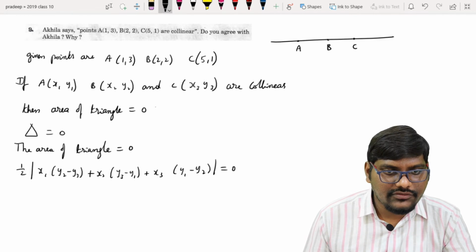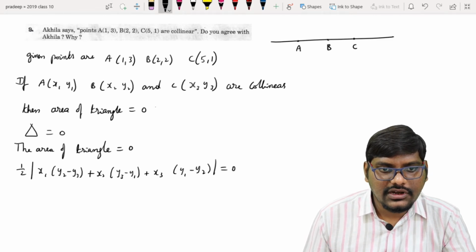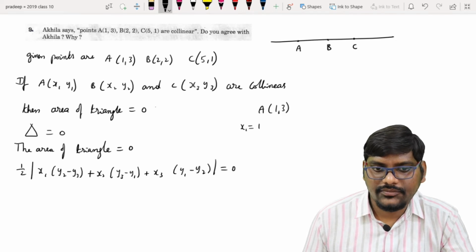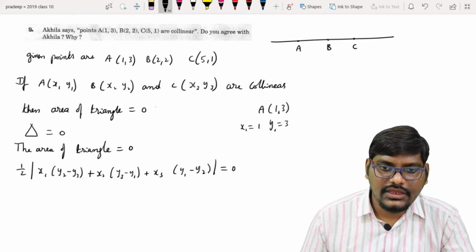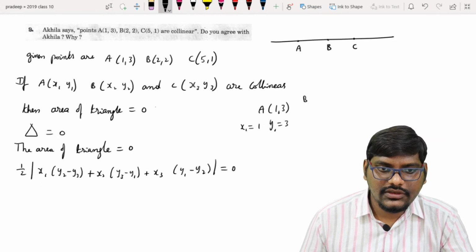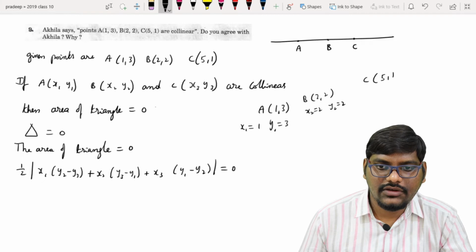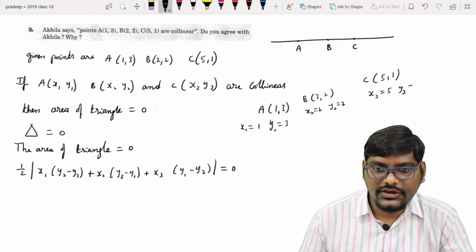A is (1, 3), which means x1 equals 1 and y1 equals 3. B is (2, 2), which is x2 equals 2, y2 equals 2. In the same way C is (5, 1), which is x3 is 5, y3 is 1.